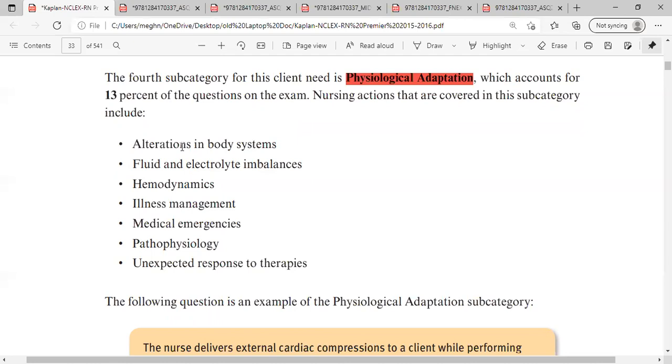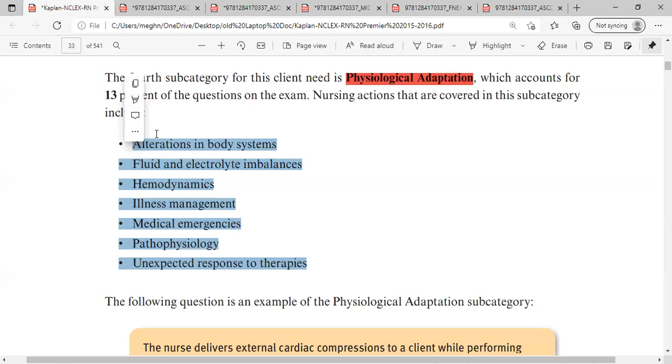Fluid and electrolyte imbalance, super duper important for the NCLEX board. Also, it is so easy if you know how to read, how to make it easy. Also hemodynamics, illness management, medical emergencies, pathophysiology of the disease, and unexpected response to therapy. So physiological adaptation can cover all of them.